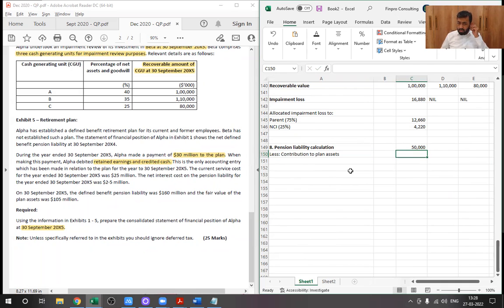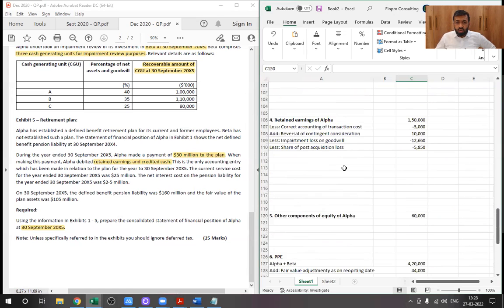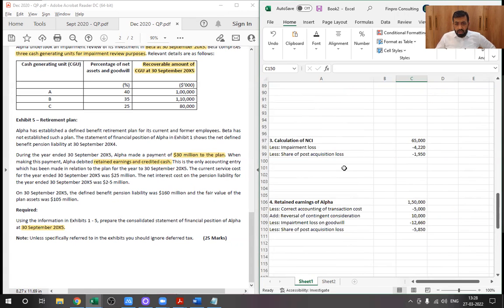Let's read this. On 30th September 20x5, Alpha made a contribution of 30 million to the plan. While making this payment, Alpha debited retained earnings. Is debiting retained earnings by 30 million correct? No. So I'll have to reverse it first from here.